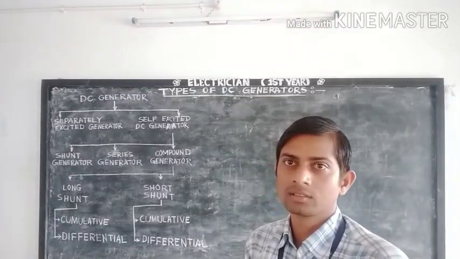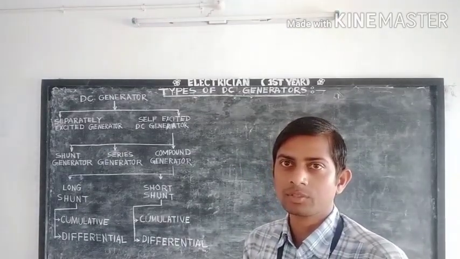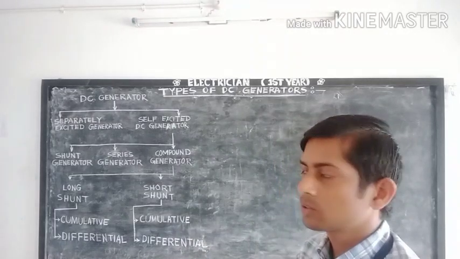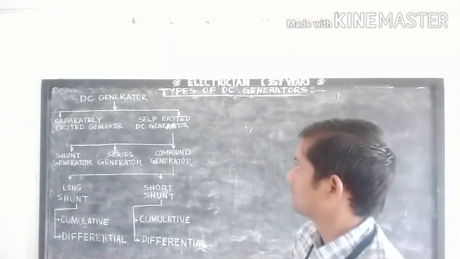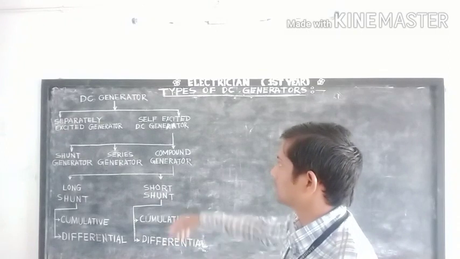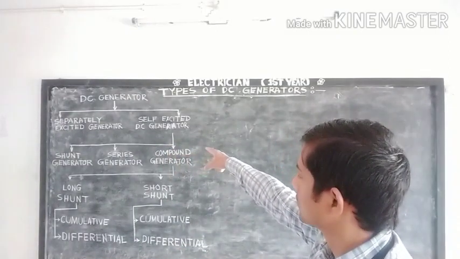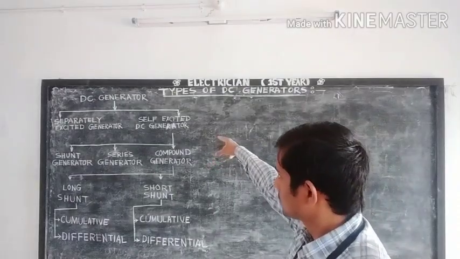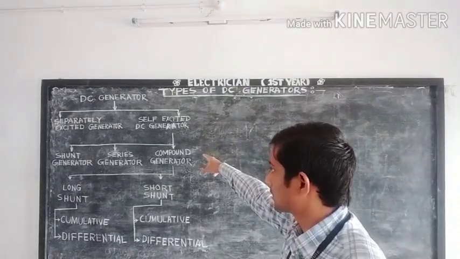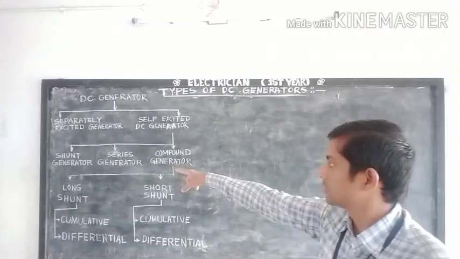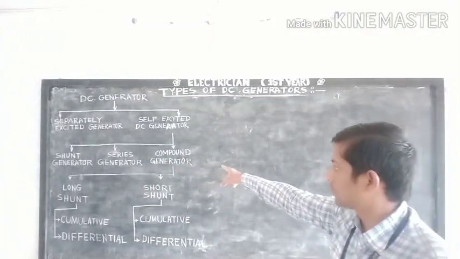Today I discuss the types of DC generator. Here shown the types of DC generator. DC generators are classified as separately excited DC generator and self-excited DC generator. These self-excited DC generators are further classified as shunt generator, series generator and compound generator.